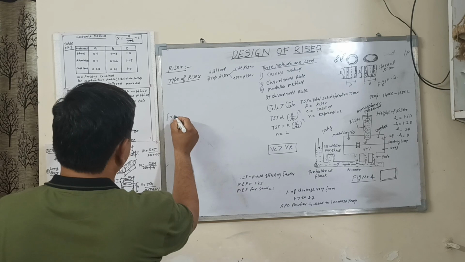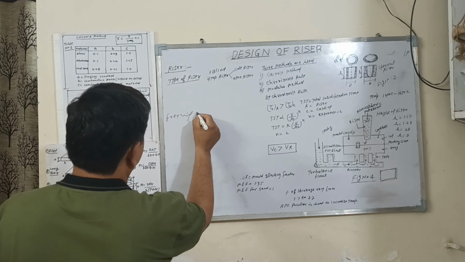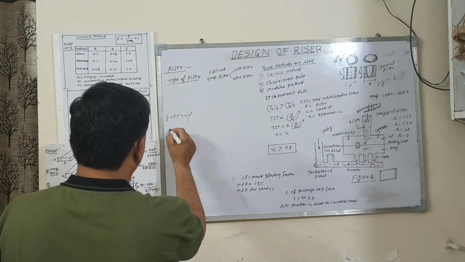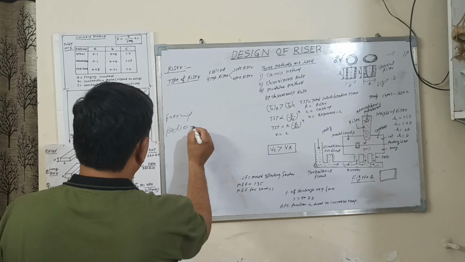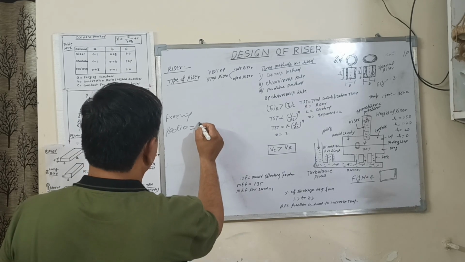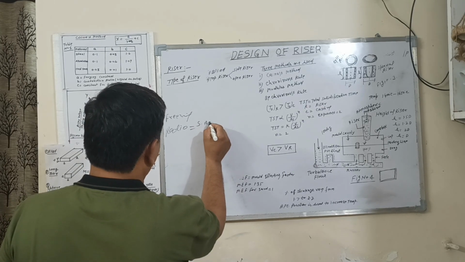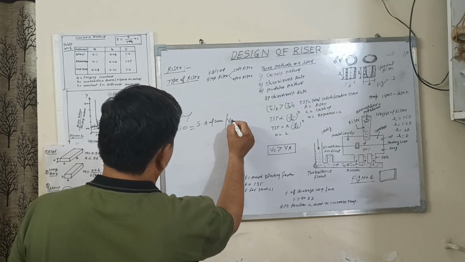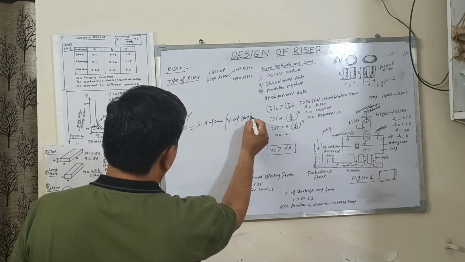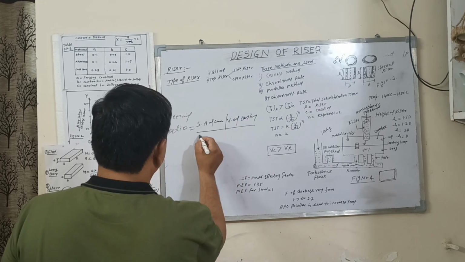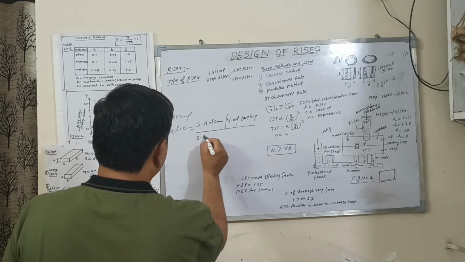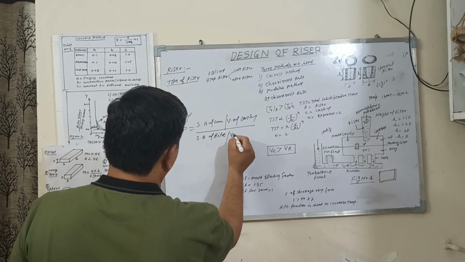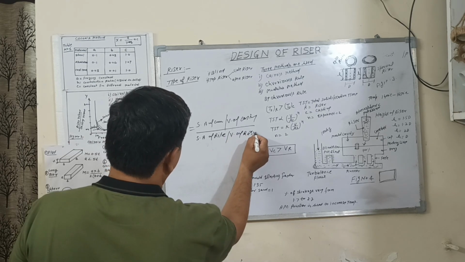The freezing ratio is equal to surface area of casting divided by volume of casting, divided by surface area of riser over volume of riser.